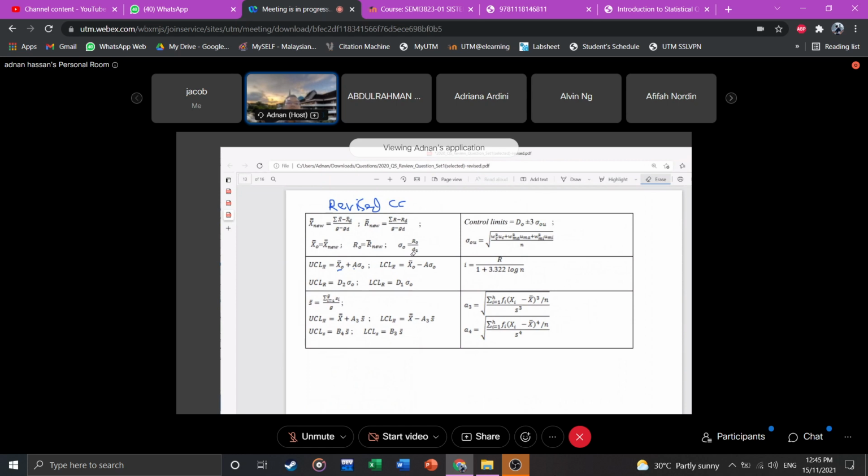You can get the sigma either from sigma naught equal to R naught divided by D2. This R naught here is the same as R new for the revised chart. The revised chart is considered a stable chart after we remove the assignable cause.